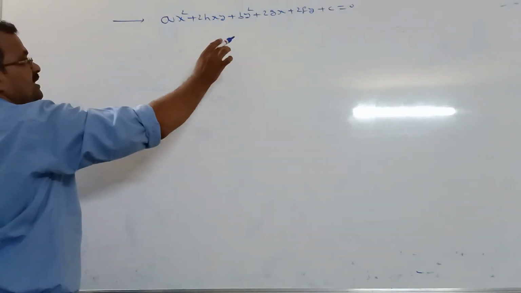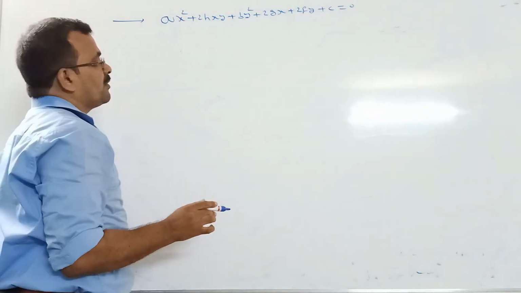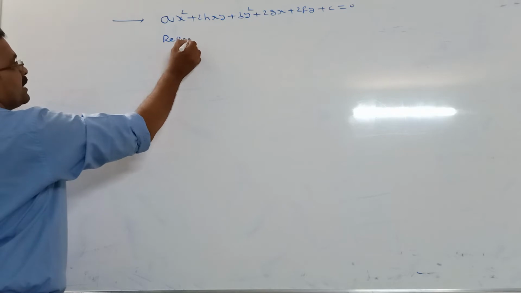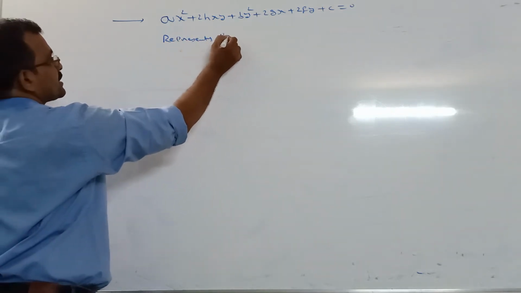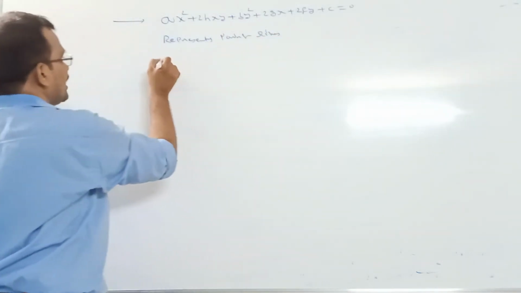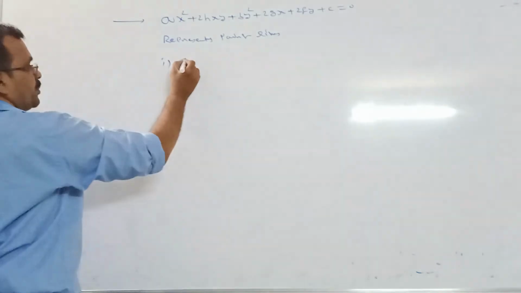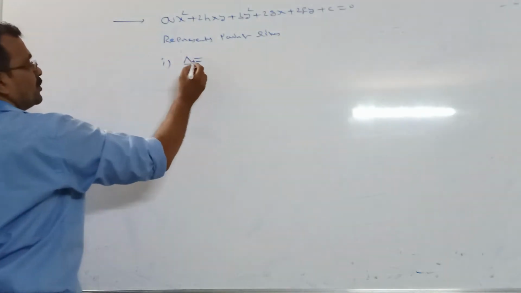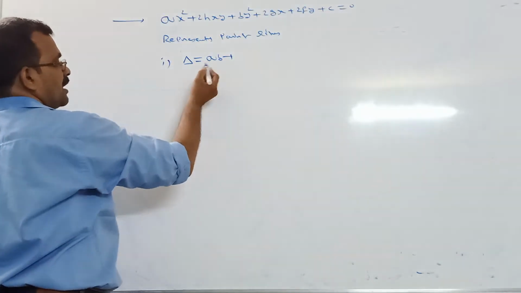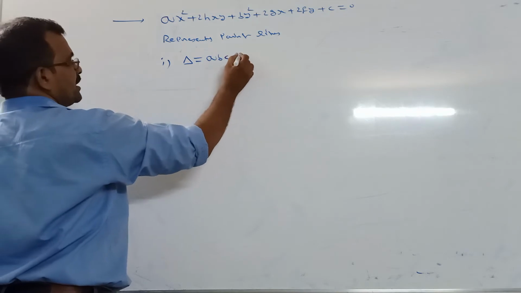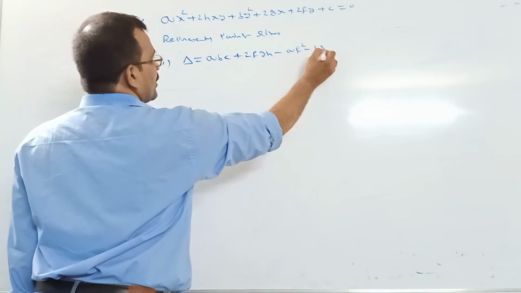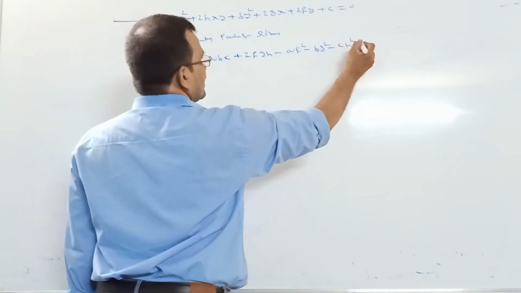If this non-homogeneous equation in the variables x, y represents a pair of lines, then we have the conditions. Delta equal to abc plus 2fgh minus af square minus bg square minus ch square equal to 0.